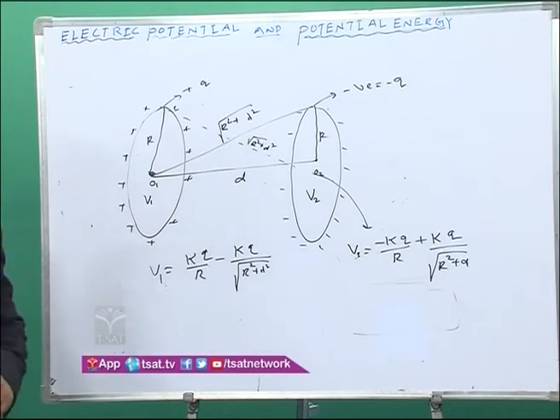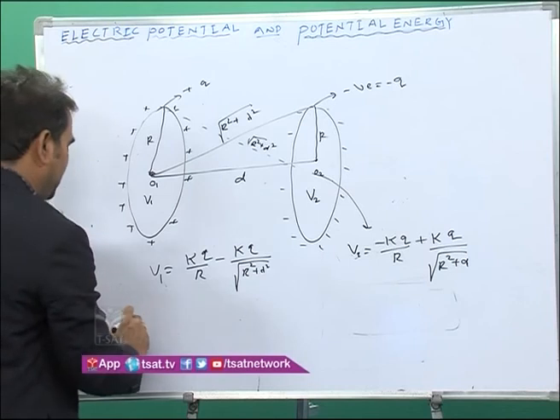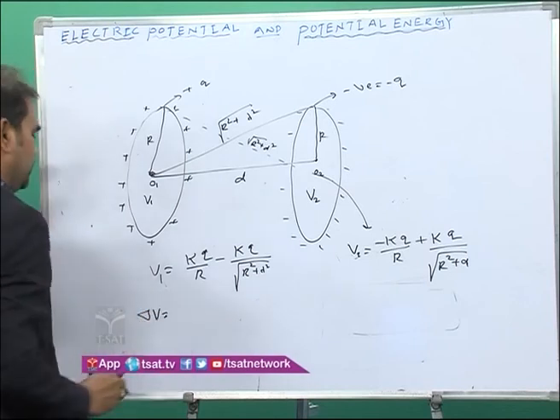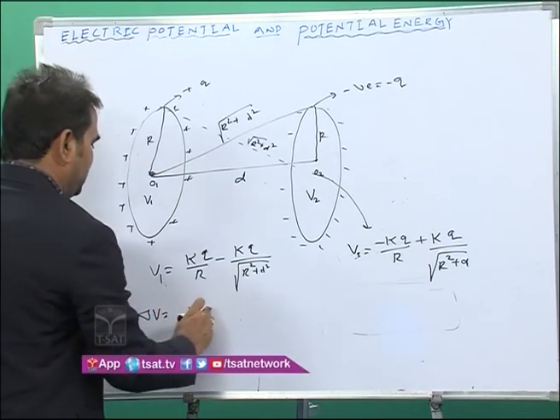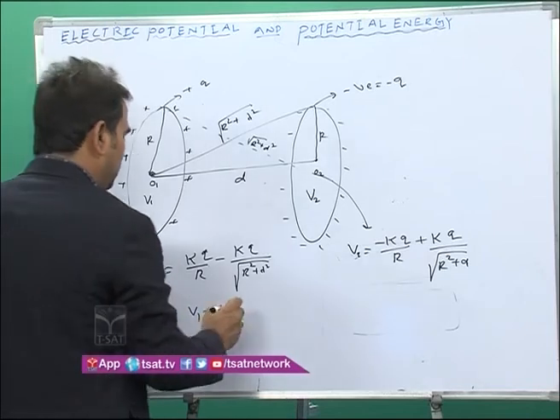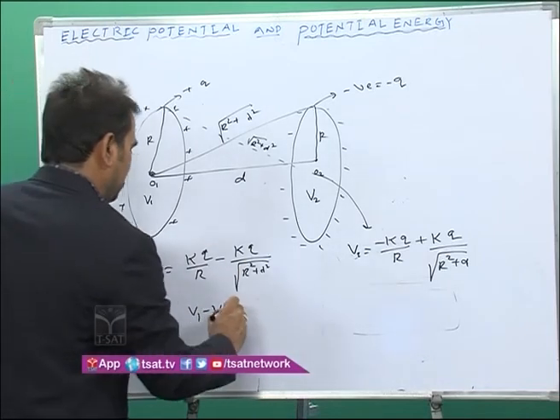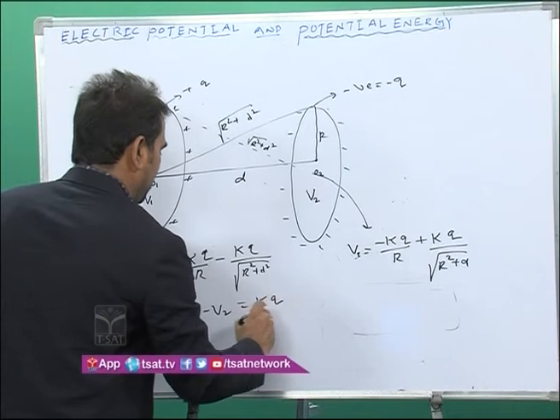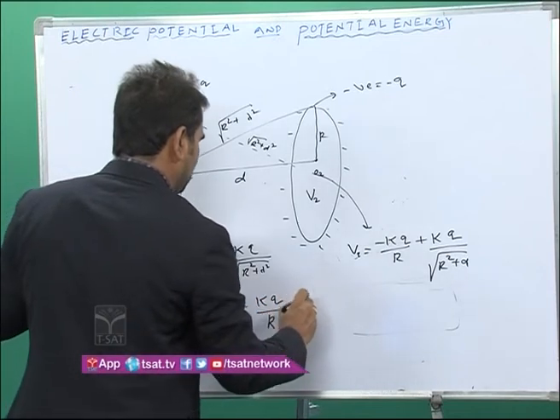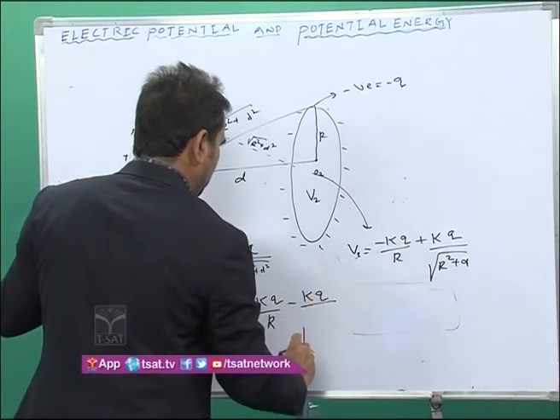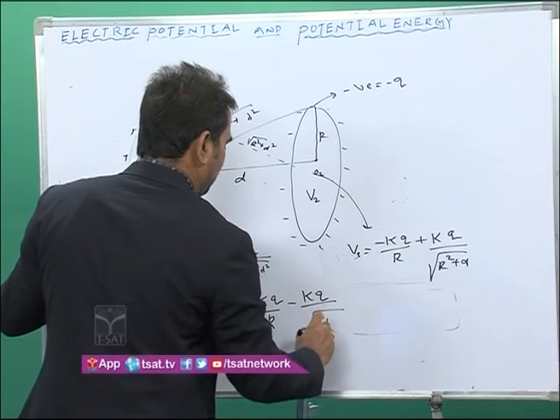Now we have to calculate the potential difference between those two rings, given by delta V. Delta V is equal to V1 minus V2. V1 we have already calculated: KQ upon R minus KQ upon root over R square plus D square.